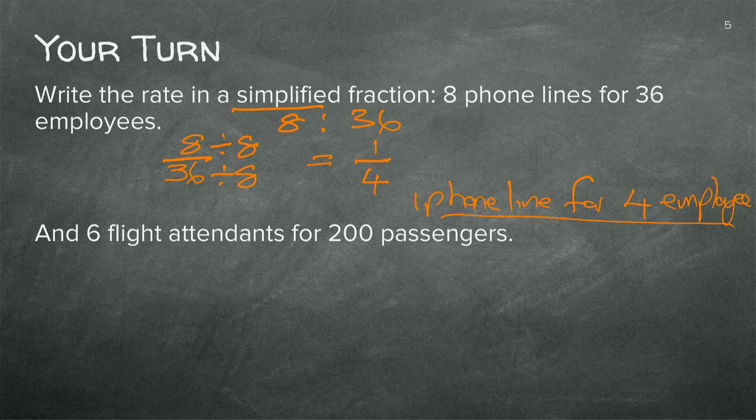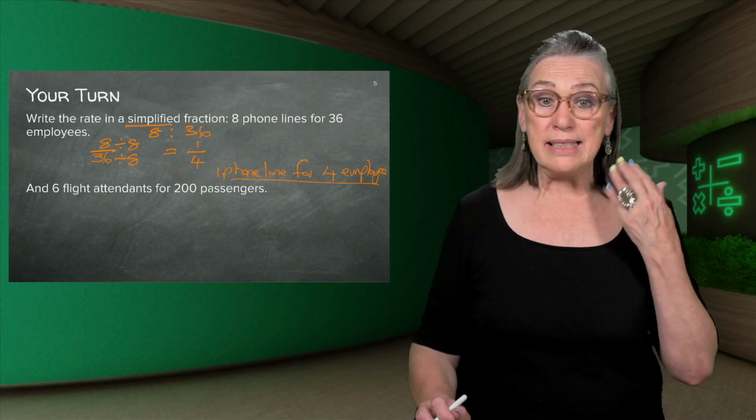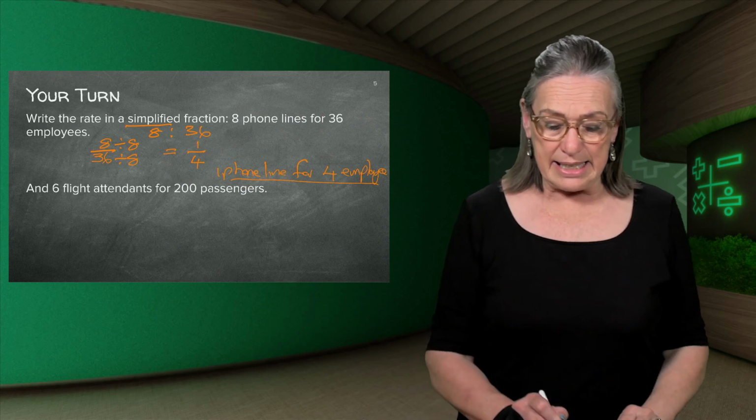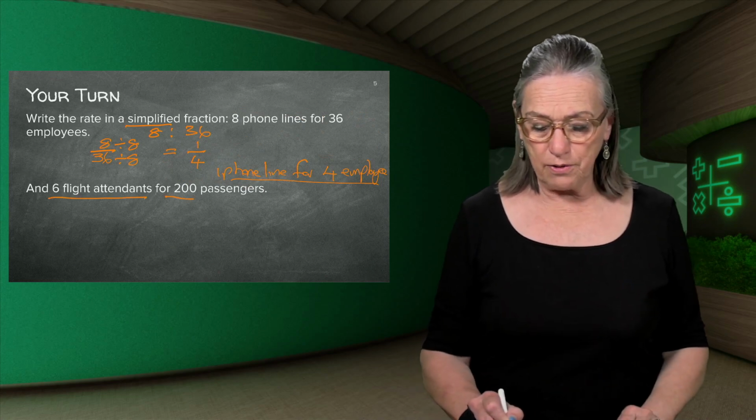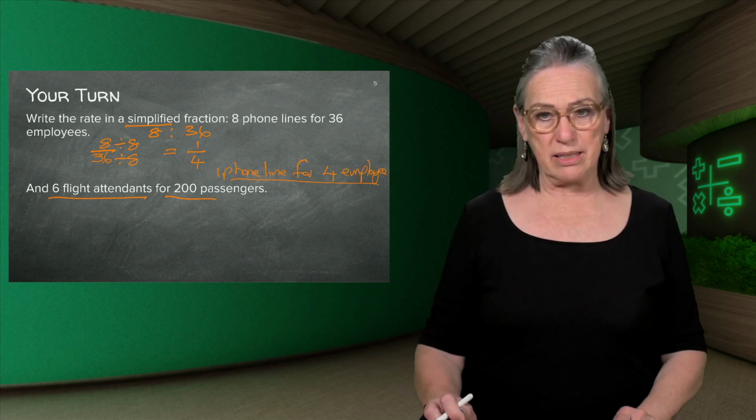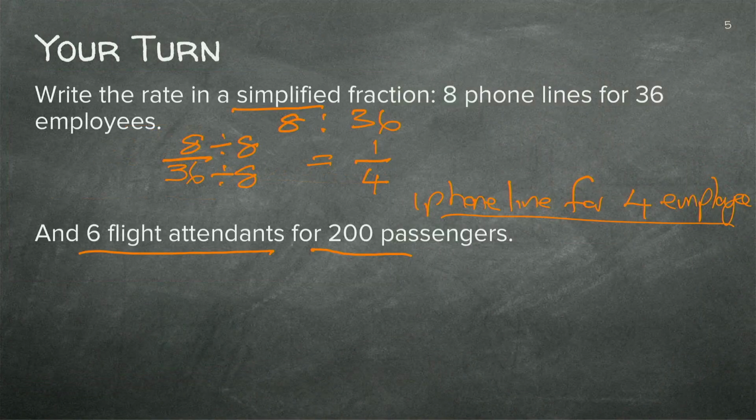Cool. Same here. And give it to us in a simplified fraction, 6 flight attendants for 200 passengers. So again, we can do it in words, 6 per 200. We can do it in a ratio format like that, or we're going to say 6 over 200.